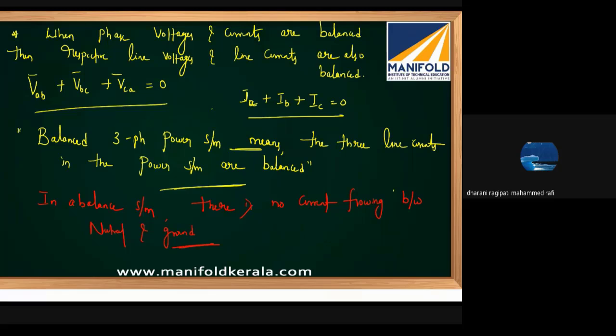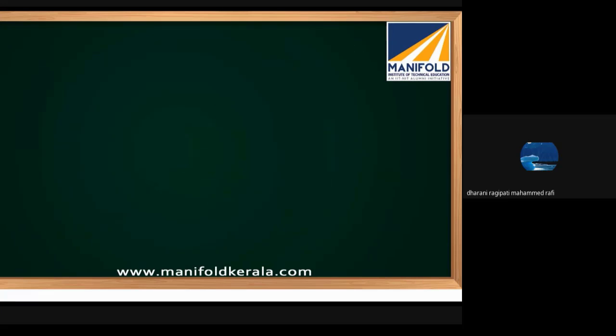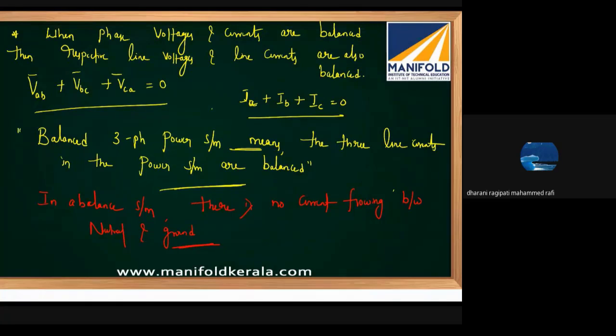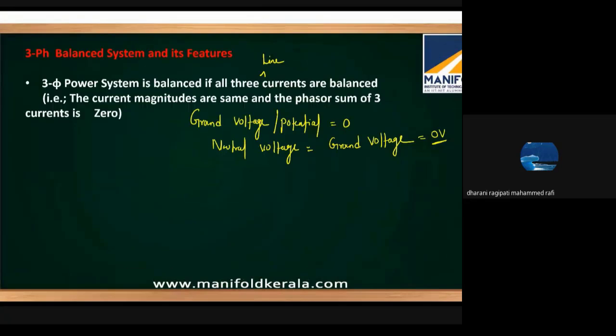In either direction, there is no current flowing between the neutral and ground, irrespective of whatever you have connected between them. Understand? Even if you short circuit them, there won't be any current flow because both are at zero potential. Okay.